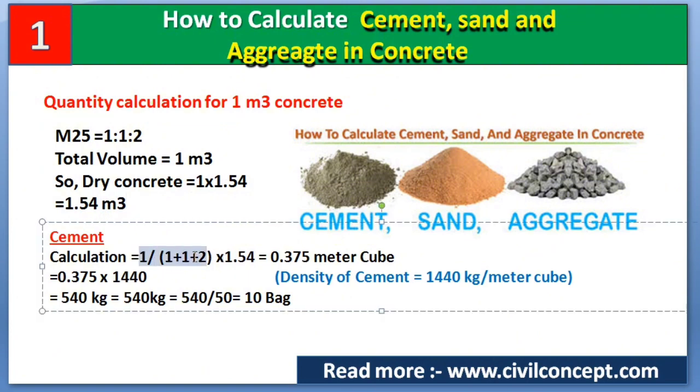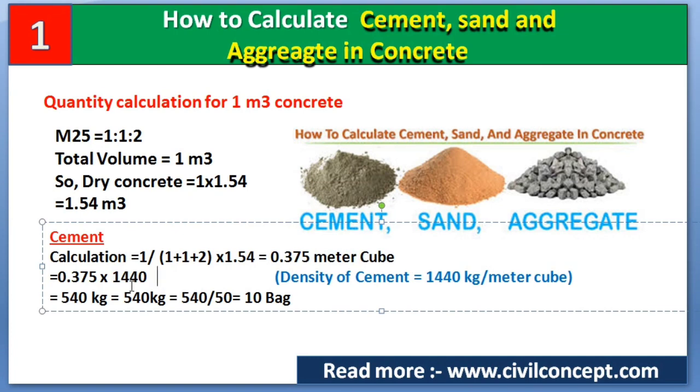After calculating this, we will get 0.375 meter cube, and this is the actual volume of cement. If you want to convert it into kg, you have to multiply it by 1440, because the density of cement is 1440 kg per meter cube.